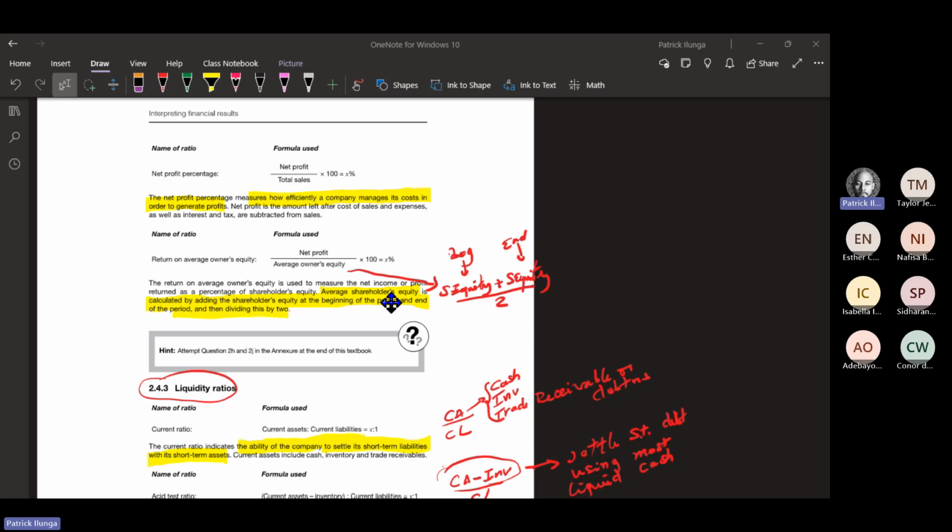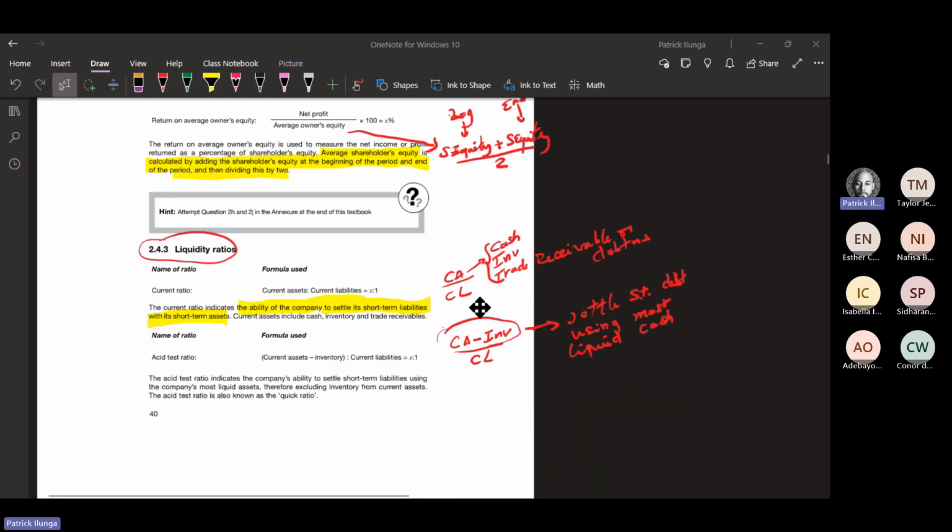Let's say you are talking about 2024, but they gave you also the balance of 2023, or what it was at the end of 2023, then you understand that you need to average. And the average, as you know, is the previous equity plus the current equity divided by 2. Trust all of you get that, right?